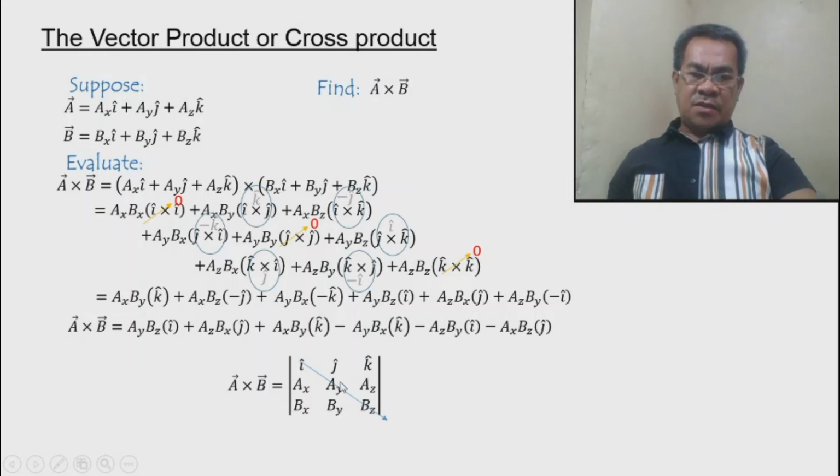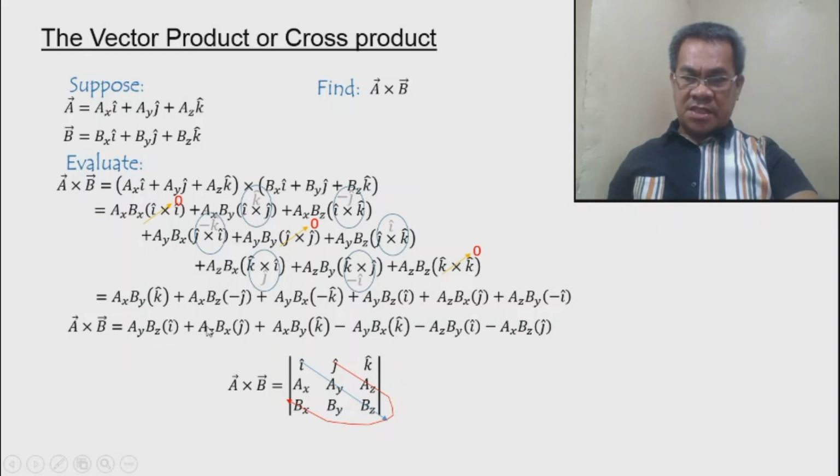Or you take diagonals. If you take the diagonal of this, AY BZ, actually this is the result, positive. Then if you repeat this line, you are multiplying Z hat AZ BX. So if you repeat this line, it will be placed here. So another down diagonal is positive.